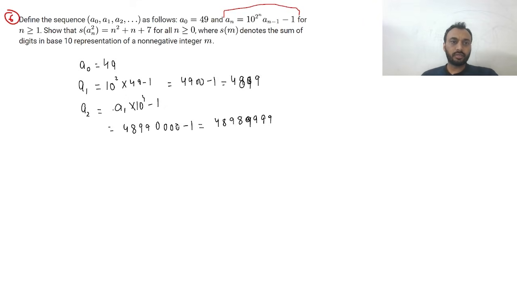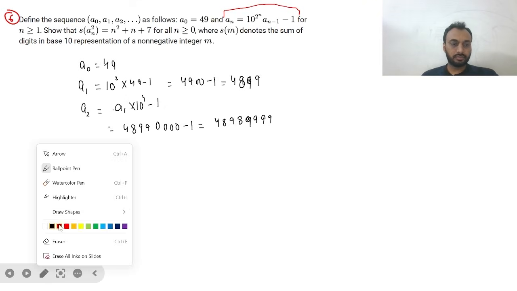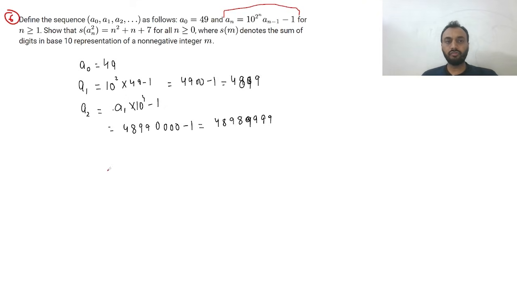So if we observe one thing, the number of digits: in A0 we have 2 digits, in A1 we have 4 digits, in A2 we have 8 digits. So can I say that A0 has 2 power 1 digits, A1 has 2 power 2 digits, and A2 has 2 power 3 digits.